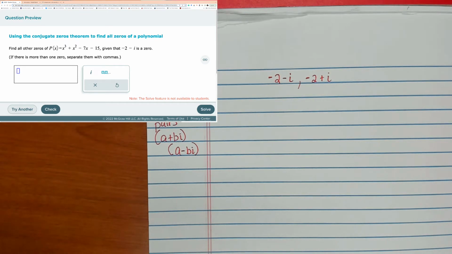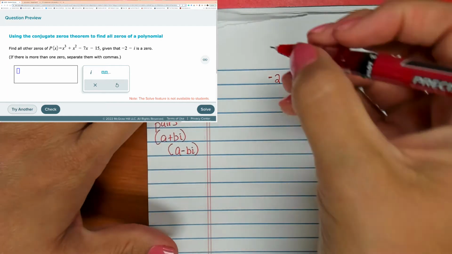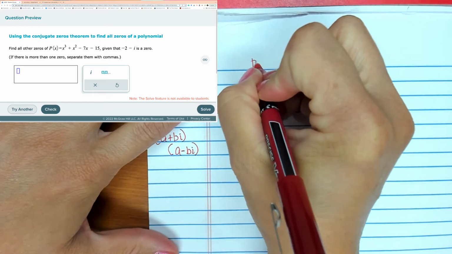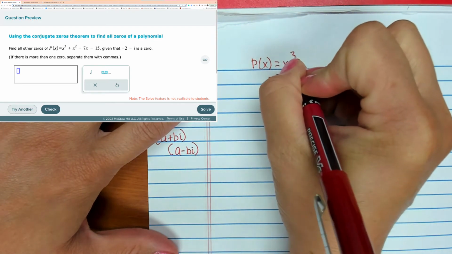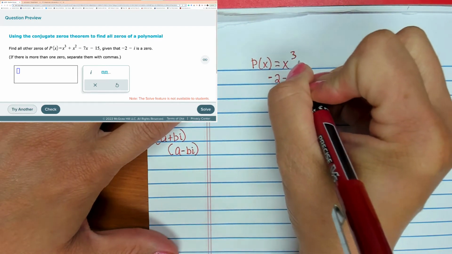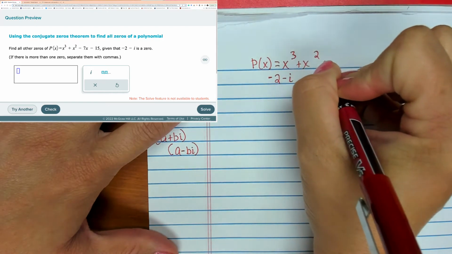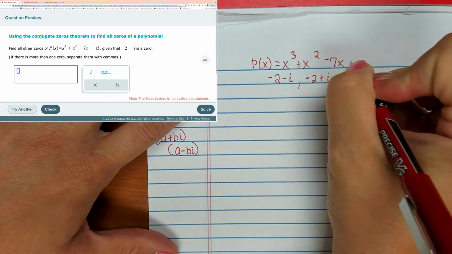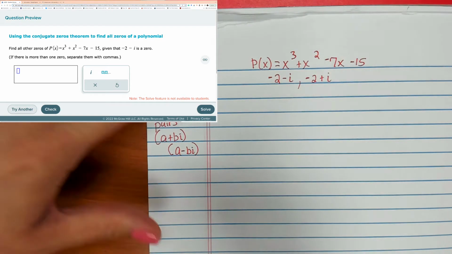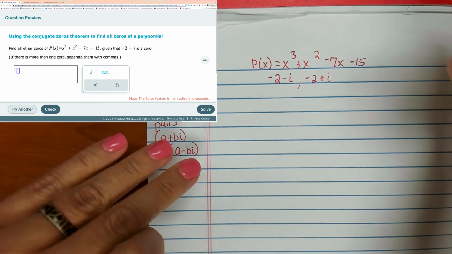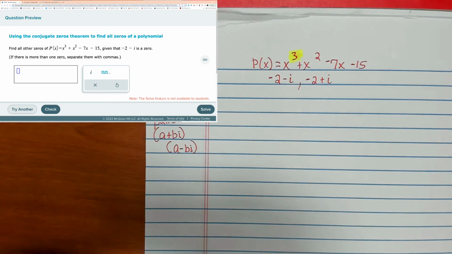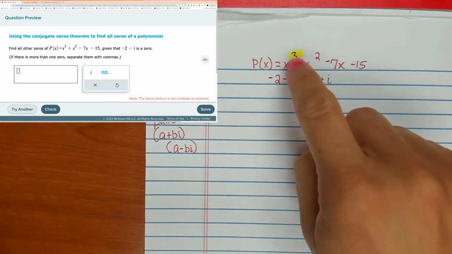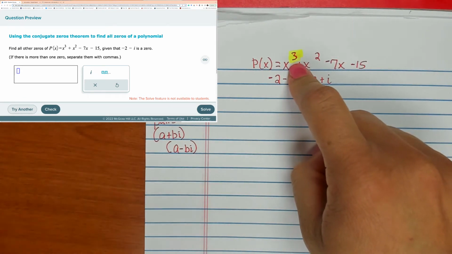And let me back up a minute. Some of you might be saying, well, Miss Latoya, how do I know I have another root? Let me write this out for a minute. As a reminder of how we know how many roots I should be looking for: the degree of this polynomial is found by looking at that highest exponent, that 3 in this case. And that 3 tells me that I have 3 roots.